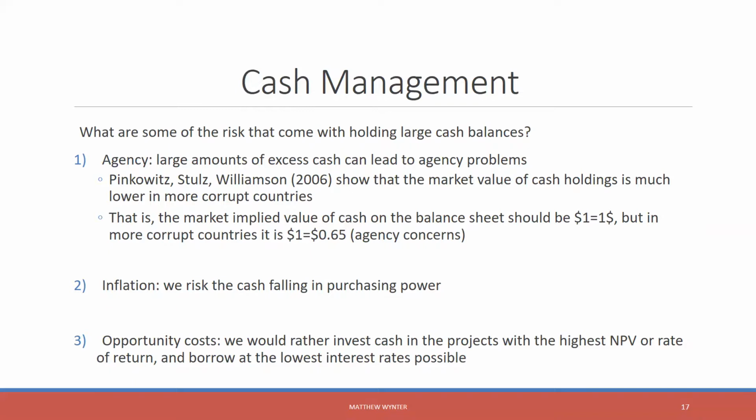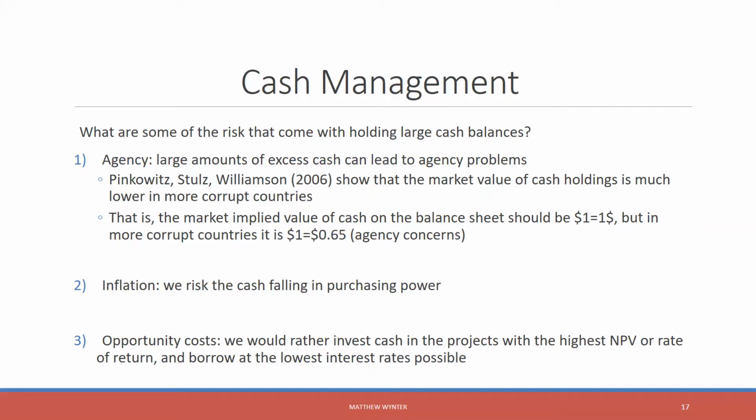Pinkowitz, Stulz, and Williamson, 2006, show that the market value of cash holdings is much lower in more corrupt countries. To explain, the market implied value of cash on the firm's balance sheet should be 1-to-1, meaning if the firm has $1 on its balance sheet and were to be insolvent or have trouble, that dollar is worth $1.